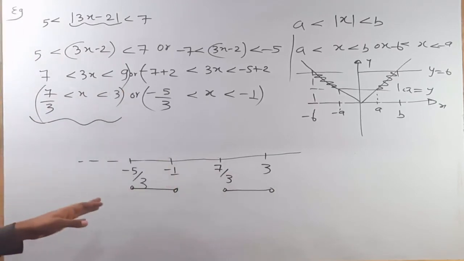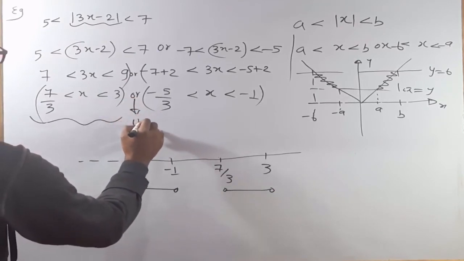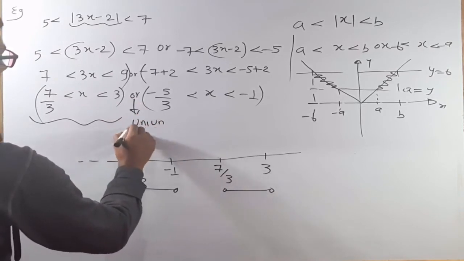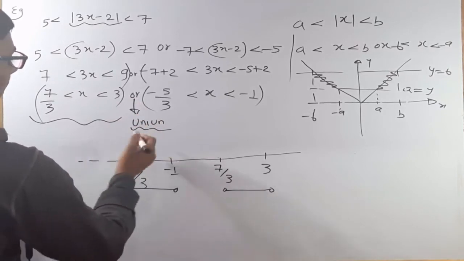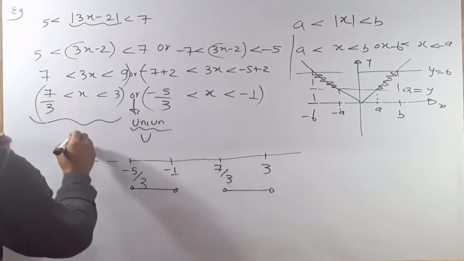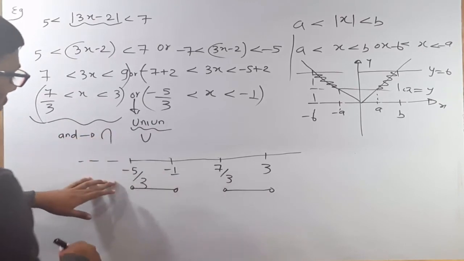Now, or means union. Spelling mistake may be there, but the meaning of union is this. And means intersection. So we are going to use this.